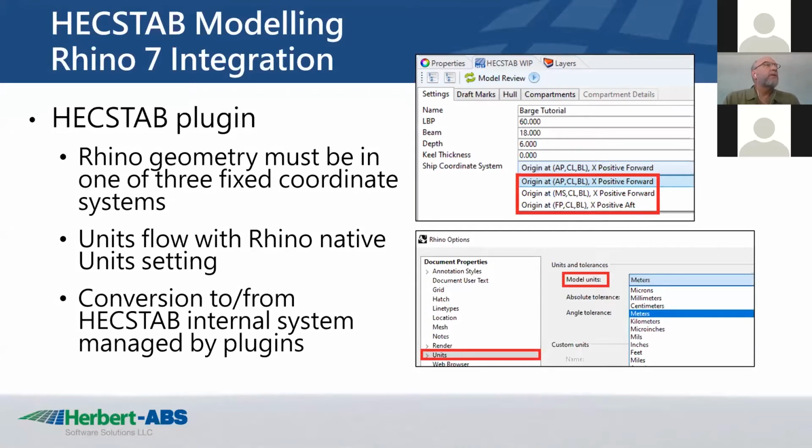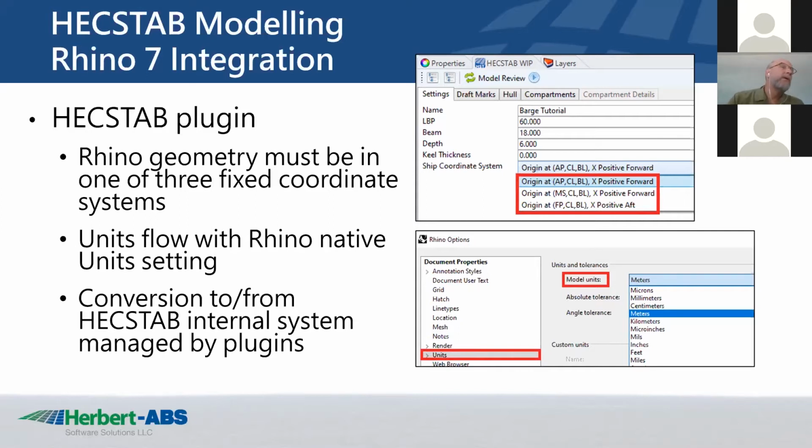The units system floats with the native Rhino system. In Rhino, under its many options, under units, model units, we're going to allow you to use whatever units you like for this.